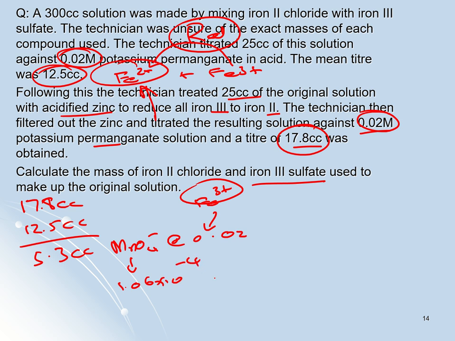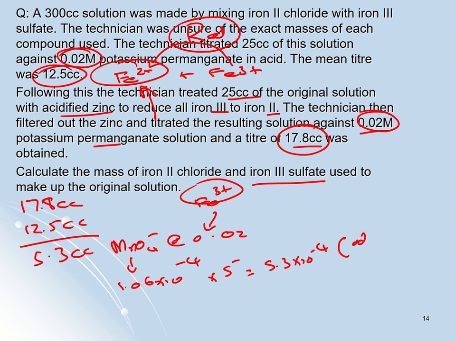So that tells me that the additional moles of permanganate is 1.06 times 10 to the minus 4. Now remember, I need to multiply that by 5 because the ratio of permanganate to iron 2 is 1 to 5. And that tells me that I have in my solution 5.3 times 10 to the minus 4.